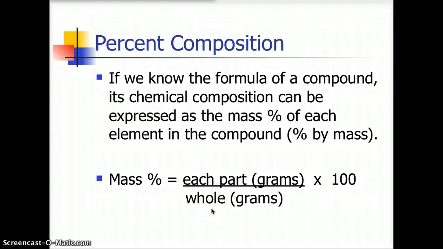So it works the same way for chemical substances. Each part is the individual element that is in that compound, multiplied, of course, by however many times that element appears in there. So we're going to take a look at some examples. So just keep this in mind. Mass percent, mass, of course, meaning grams, so the part divided by the whole thing.